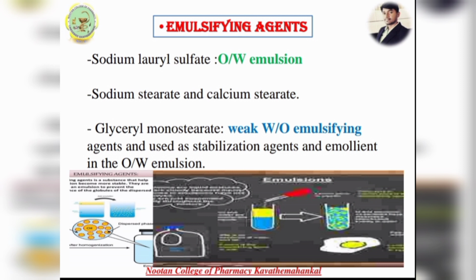Glyceryl monostearate, a weak W/O emulsifying agent, is used as a stabilizing agent and emollient in O/W emulsions in semi-solid dosage forms.